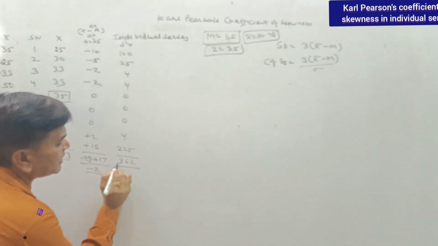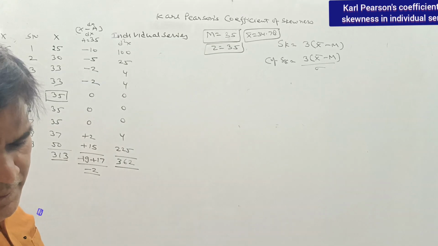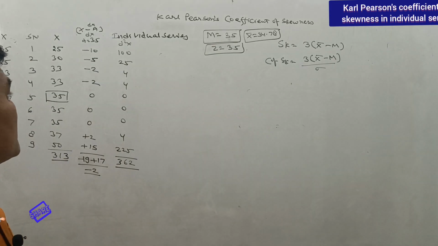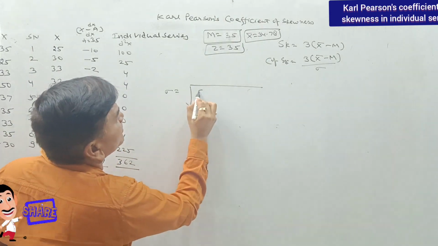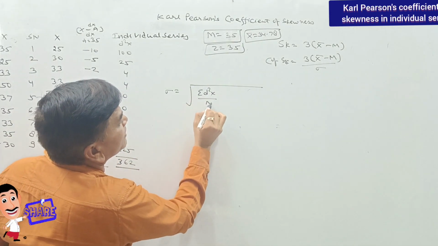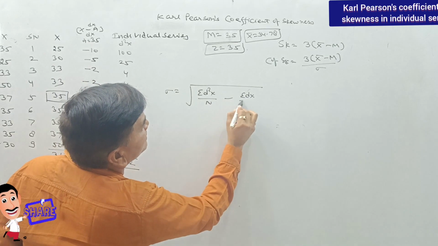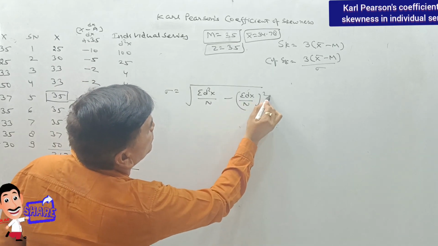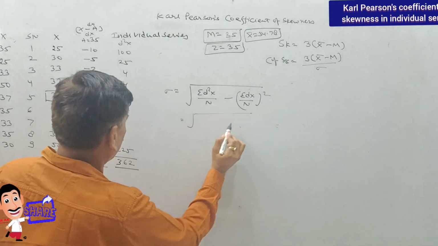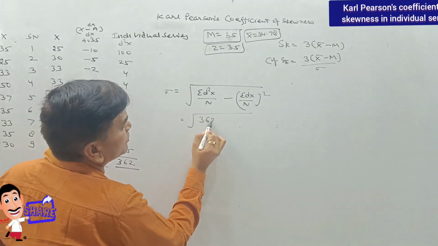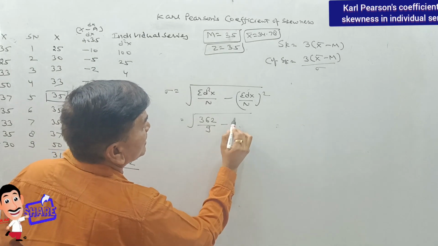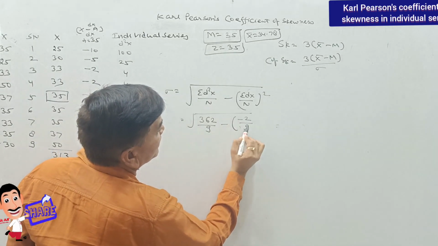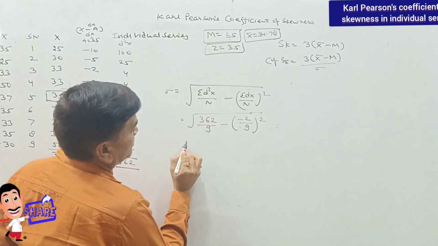The value of this is 362. So now the standard deviation is the square root of sigma d square x upon n minus sigma dx upon n raised to power 2. So the standard deviation is 362 divided by 9 minus 2 divided by 9 raised to power 2.